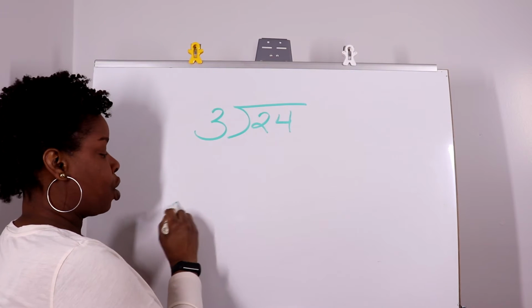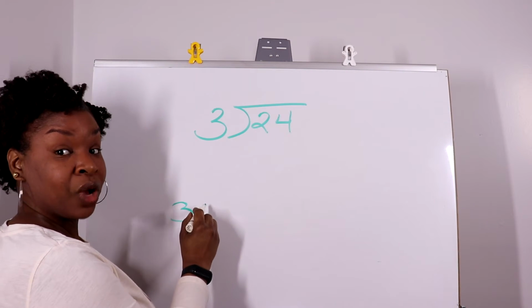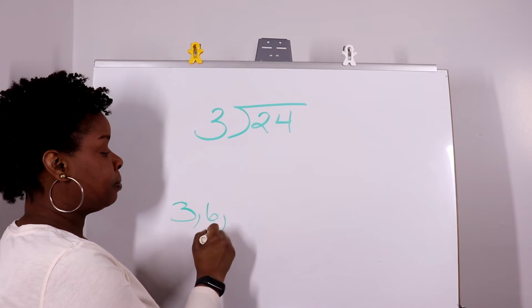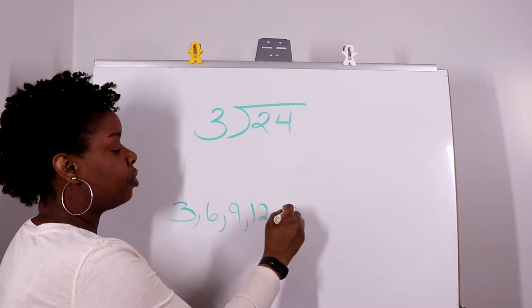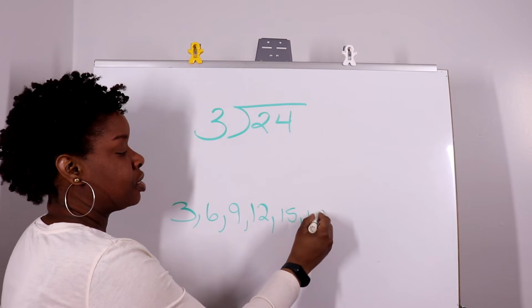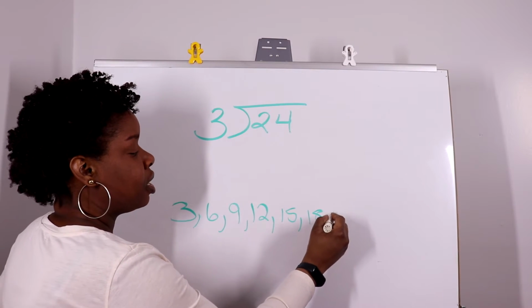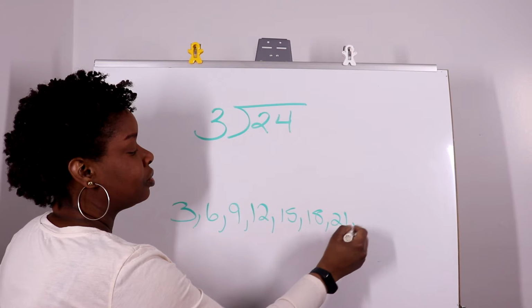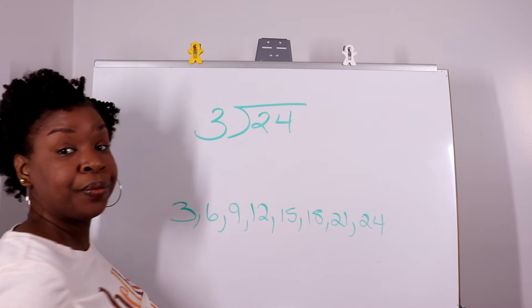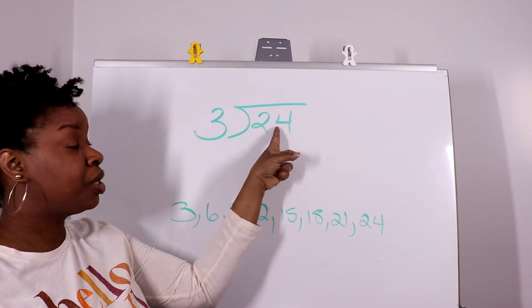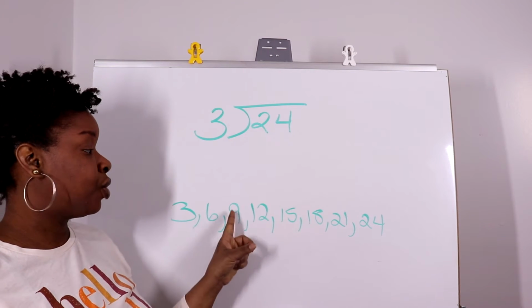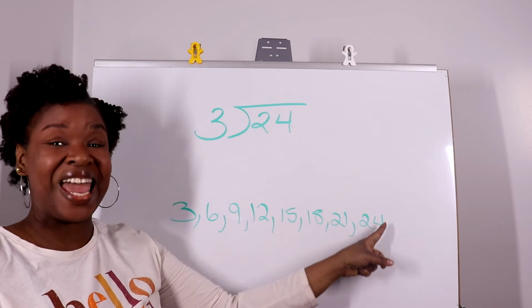We have 3, what comes next? 6, 9, 12, 15, 18, 21, 24. So, how many times can 3 go into 24? 1, 2, 3, 4, 5, 6, 7, 8.